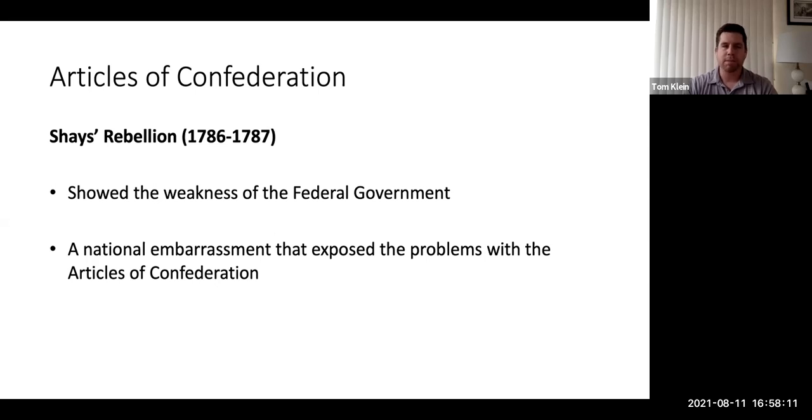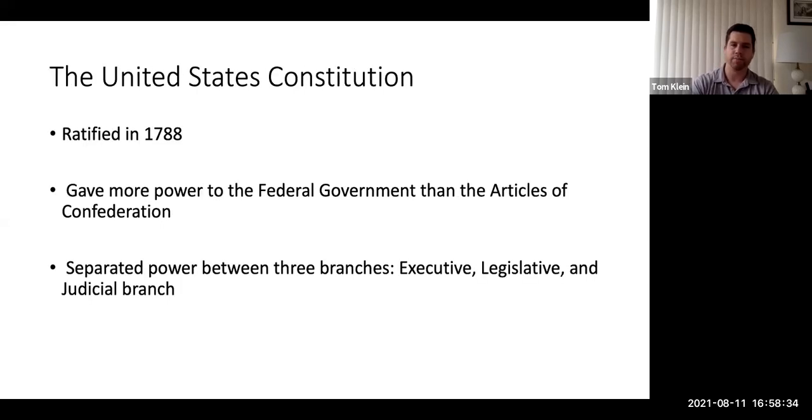Now, for purposes of testing, I'm not going to ask you the exact details and dates of Shays' Rebellion. What I would like you to know about Shays' Rebellion, however, is it did showcase that the Articles of Confederation had created a problematic system in which the federal government was so weak it couldn't even stop a rebellion of farmers, right? That's the takeaway here. It highlights the problems with the Articles of Confederation.